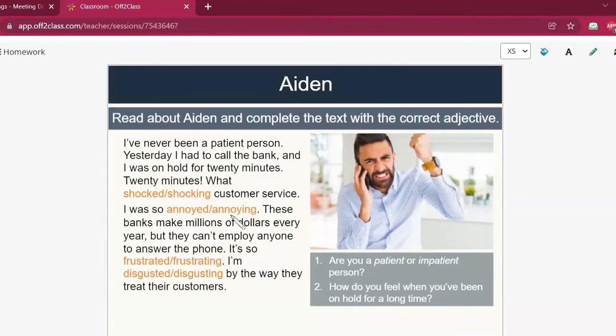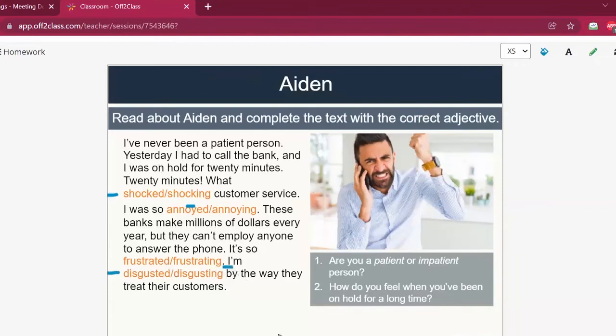These banks make millions of dollars every year, but they can't employ anyone to answer the phone. It's so frustrating. I'm disgusted by the way they treat their customers.